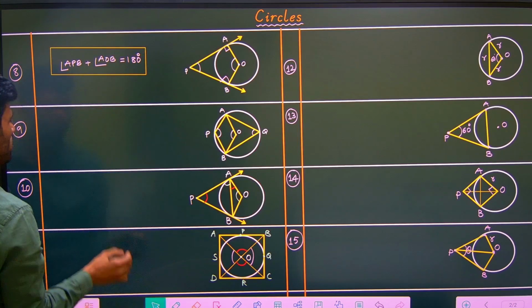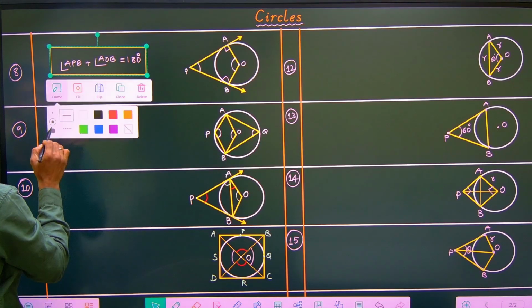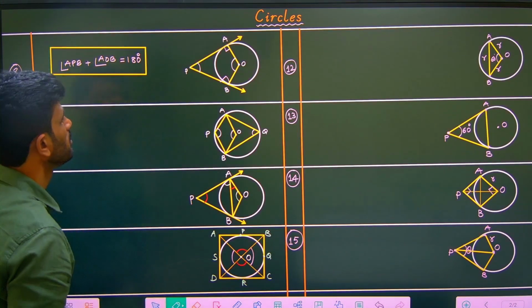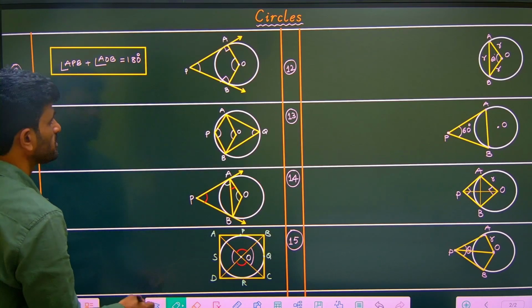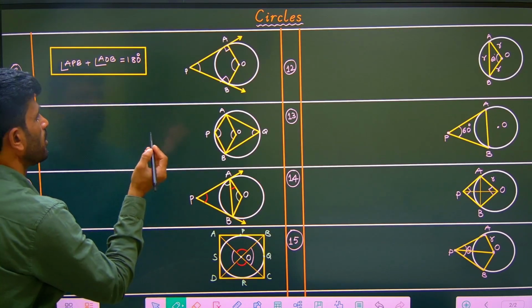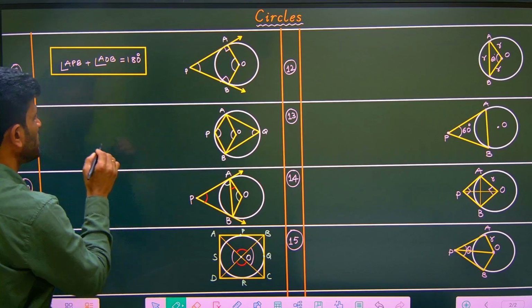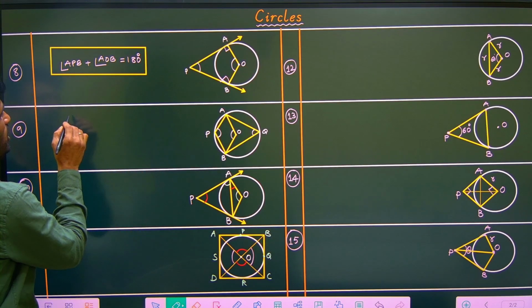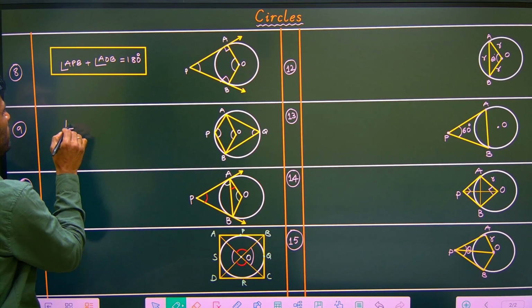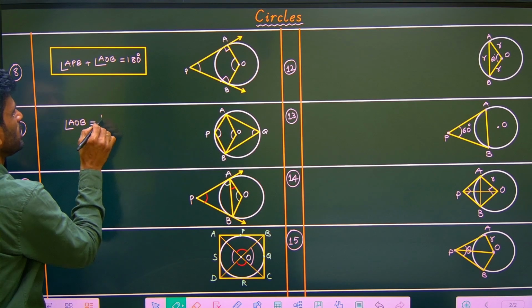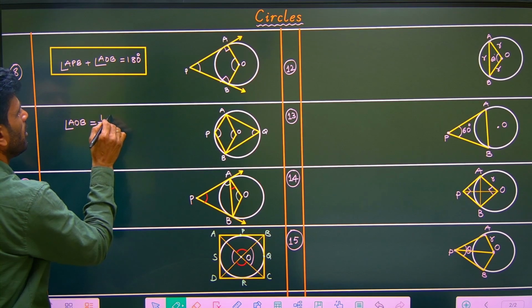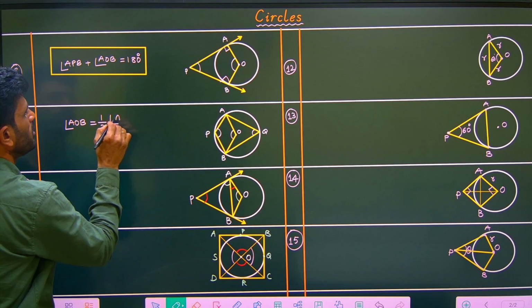One important point. Now coming to the next one. Yeah, this one is also very important. Here, first point, one relation between AOB and AQB. You know angle AOB, it is there in 9th class. Angle AOB is twice angle AQB.